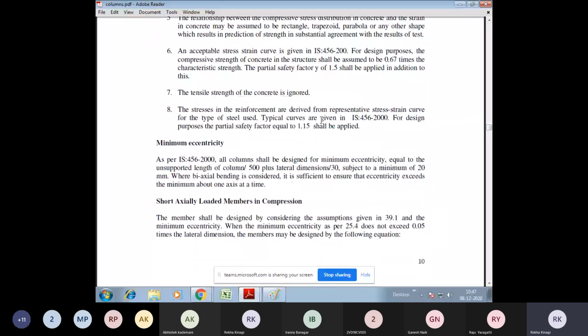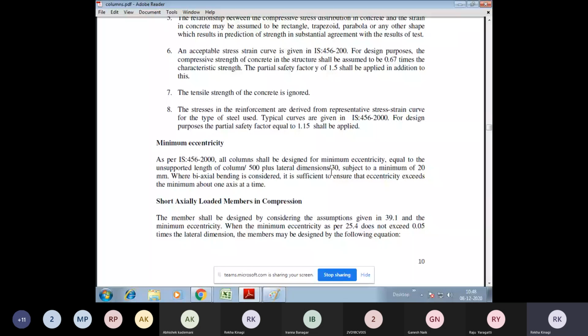And finally, we have the minimum eccentricity. As per IS 456, all the columns shall be designed for minimum eccentricity, that is equal to the unsupported length of column divided by 500 plus lateral dimension divided by 30, that is L by 500 plus D by 30, subjected to a minimum of 20 mm.